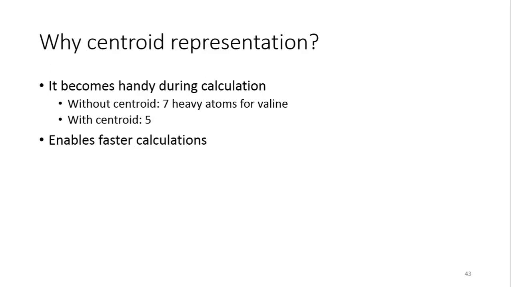Say for example, if we decide to use valine in our calculation, let me draw this valine for you. Let us draw this backbone. We have this nitrogen, we have this carbonyl carbon, carbonyl oxygen, then we have this C alpha carbon atom, right? And if we are trying to use valine, then we would have C beta carbon atom. Okay, then you have got C gamma 1 and C gamma 2 carbon atoms.